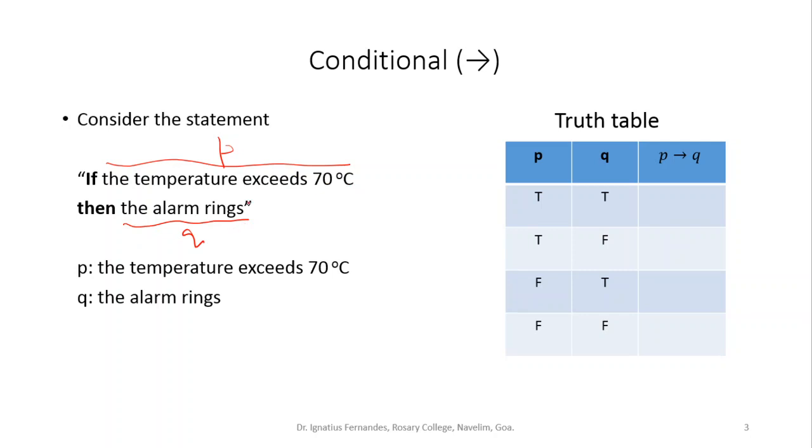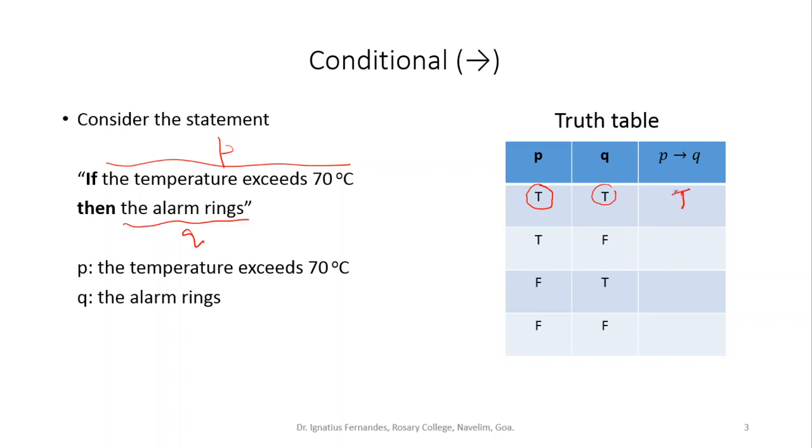You will say that I am true whenever the temperature exceeds 70 degrees Celsius and the alarm rings. If the temperature exceeds 70 degrees Celsius, that means P is true, and the alarm rings, that means Q is also true. You will say that my statement is true.